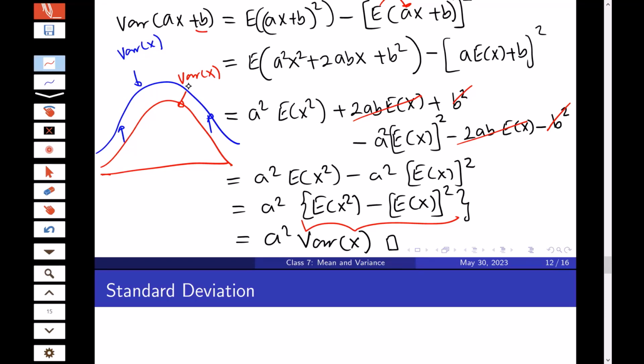If you add or subtract b and find the variance, this does not change anything to your variance. Your spread is not going to change. If you see the spread here, if you move this curve up or down, your variance, the spread, is not going to change. So that's the meaning of adding plus b or minus b. It doesn't change the variance of the random variable.